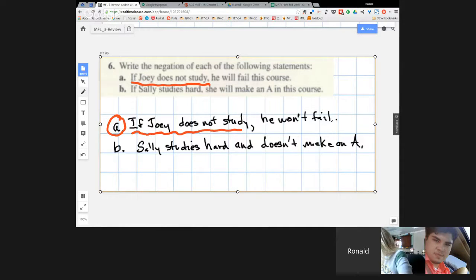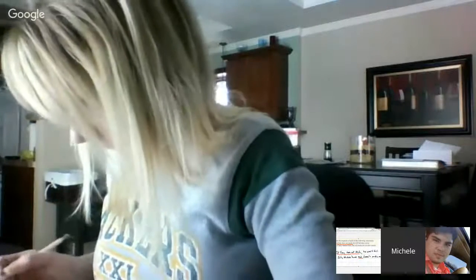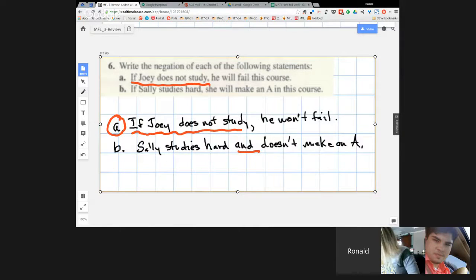Okay, and part B, if Sally studies hard, then she will make an A in this course. Same thing. How do you negate that? Keep the first part true. By the way, I could have said, if Sally studies hard, then she doesn't make an A in this course. Or instead of using then, I used and, and that works too. Anybody else want to talk about this one a little bit?